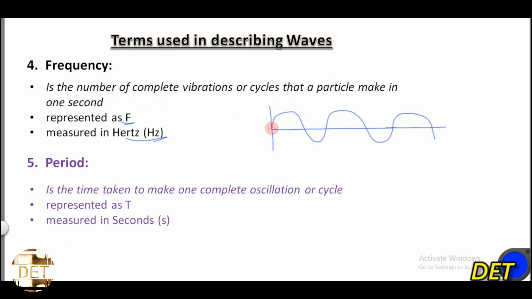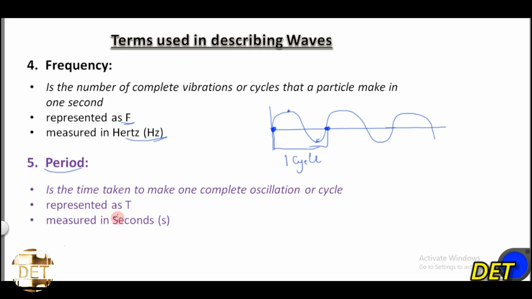Very important. So it is the number of complete cycles or vibrations that a particle makes in 1 second. The number of cycles that this wave makes in 1 second is referred to as what? The frequency. While the period is the time taken to make one complete oscillation or cycle. A cycle usually consists of a crest and what? A trough. So from this position to this position is one cycle, right? The time taken to make one complete cycle is referred to as what?